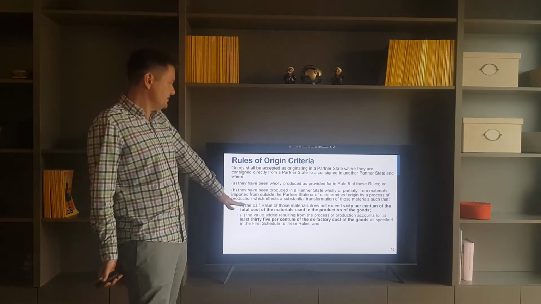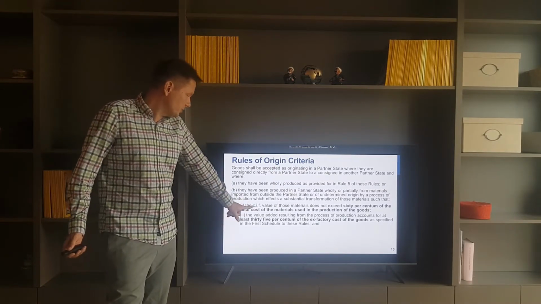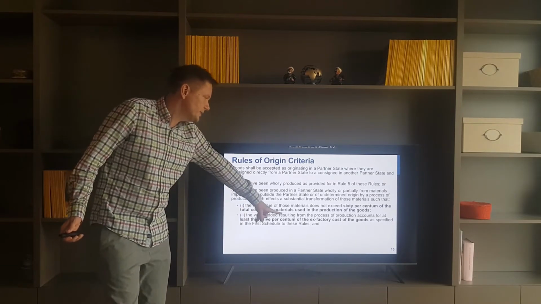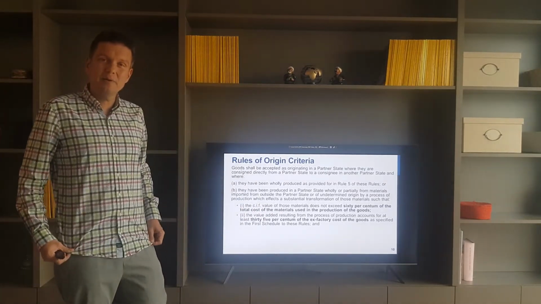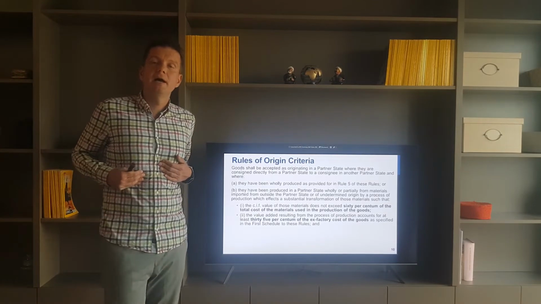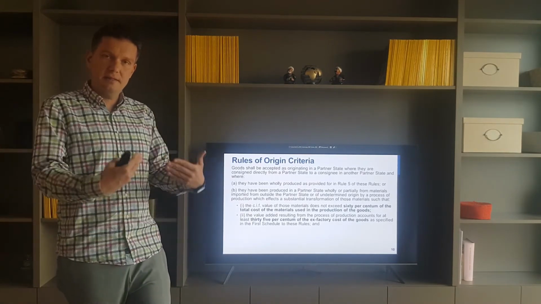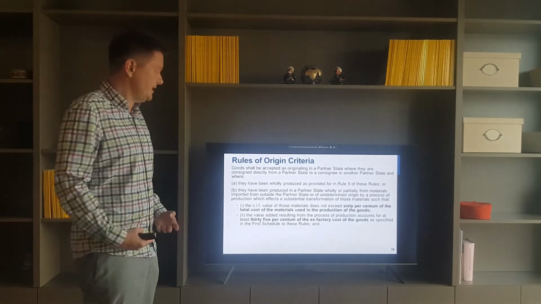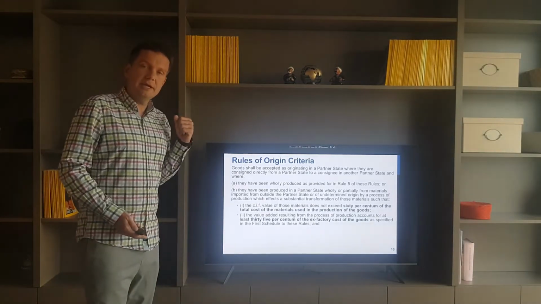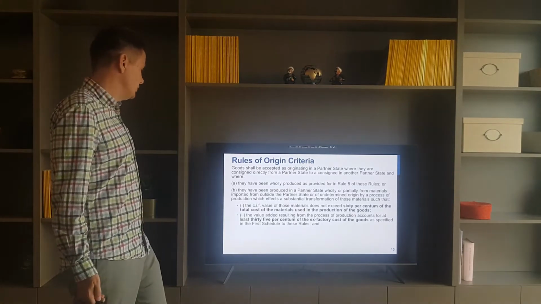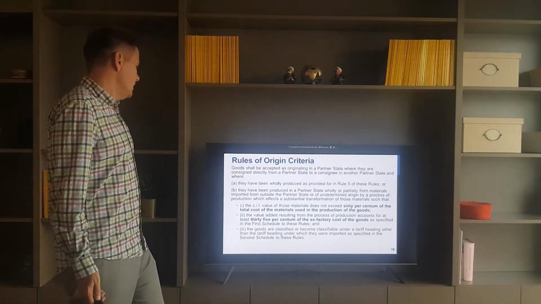It's a similar approach as with the cost, insurance, freight value, but here we talk about value added. If the value added isn't big enough within the particular EAC partner state, then we cannot qualify this particular shirt as originating from the EAC.